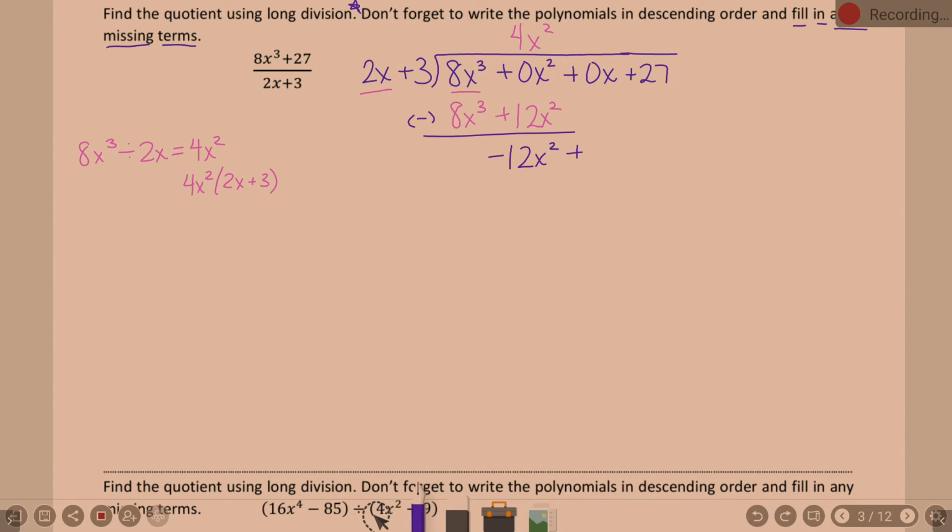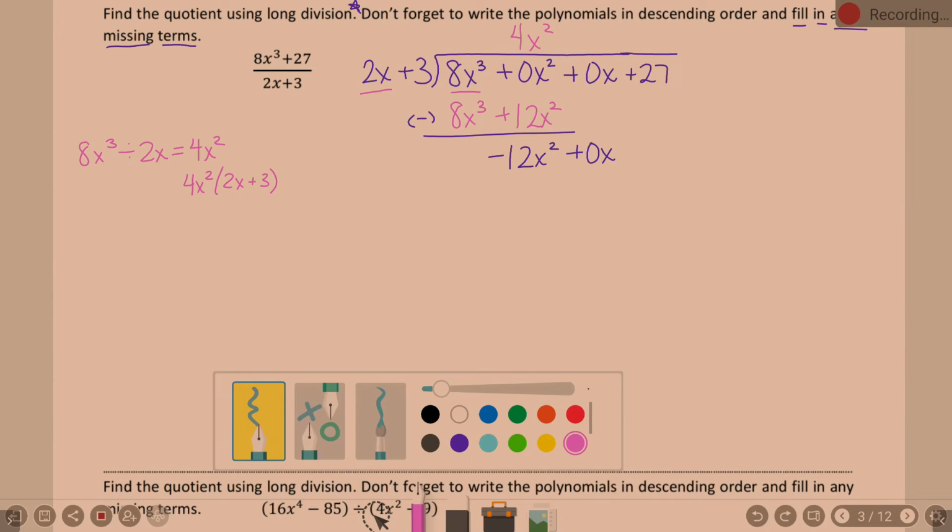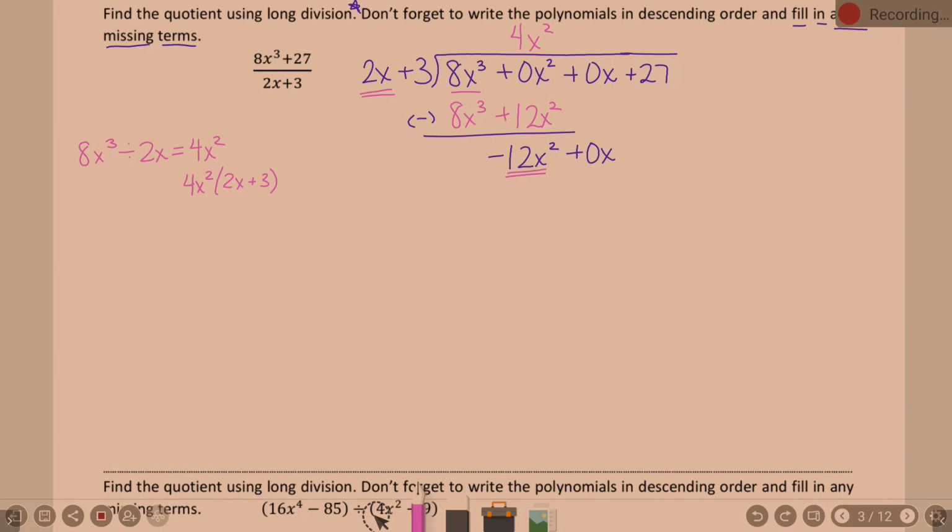It's a 0, but we're still going to bring it down here because it's a placeholder. And it's going to make life the easiest. What do you have to ask yourself? 2x times what is negative 12x squared? Negative 6x, yes. Or negative 12x squared divided by 2x, right?